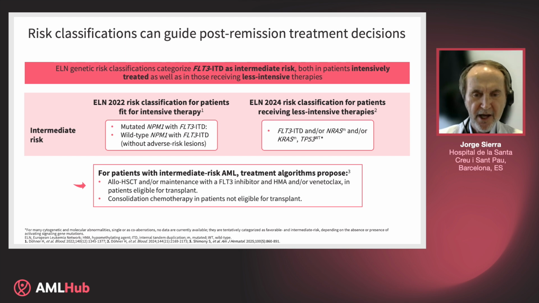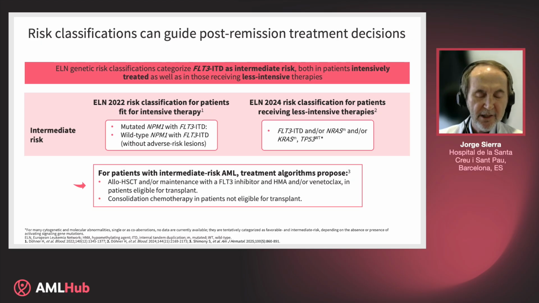Patients with FLT3 ITD who are in remission are candidates for allogeneic transplantation whenever possible, and as we will see, depending on the persistence of minimal residual disease before or after transplant, also for continuation after transplant with FLT3 inhibitors.